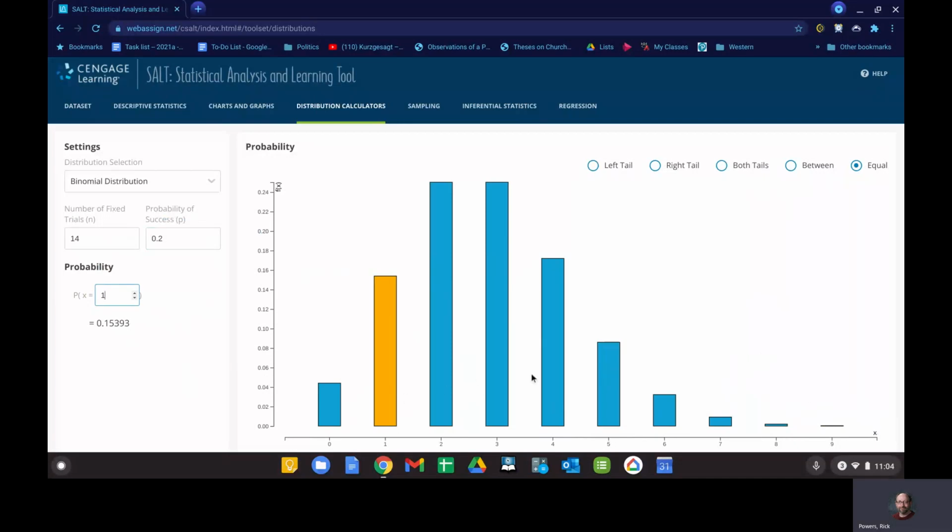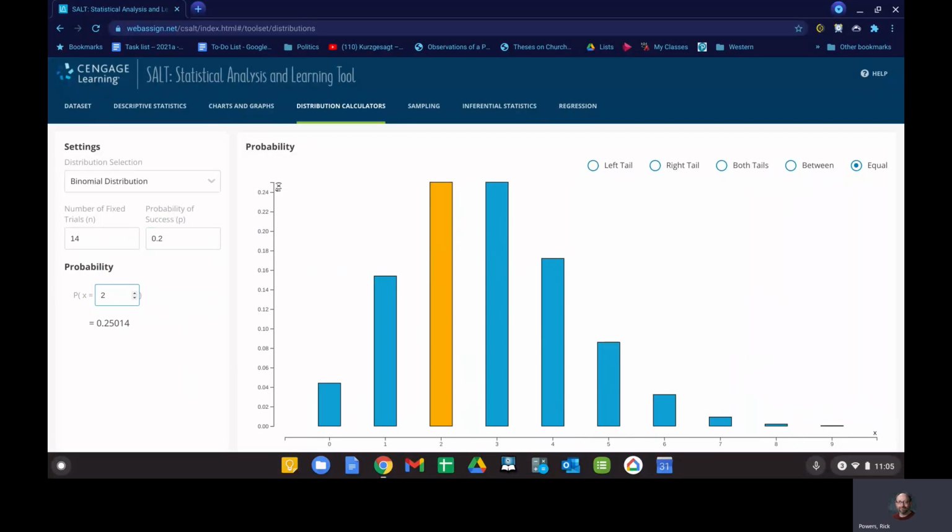These bars represent what I can expect to happen. But notice that if I look at, for example, 2, if x is equal to 2, which is a high bar here, that number is just 25%. So is it going to happen? If I have 14 students who walk in and I test them for their cholesterol, it could happen.